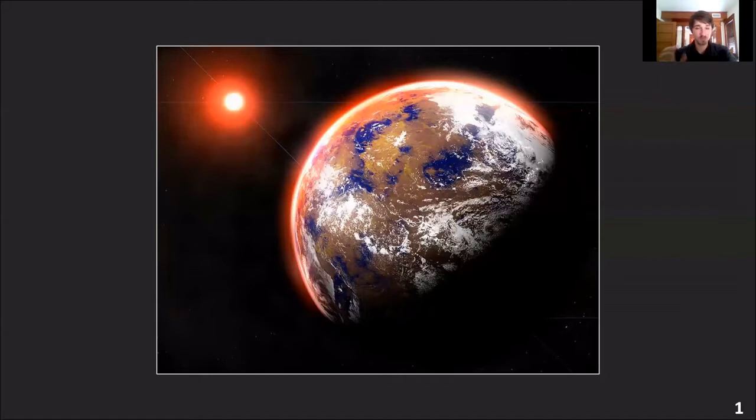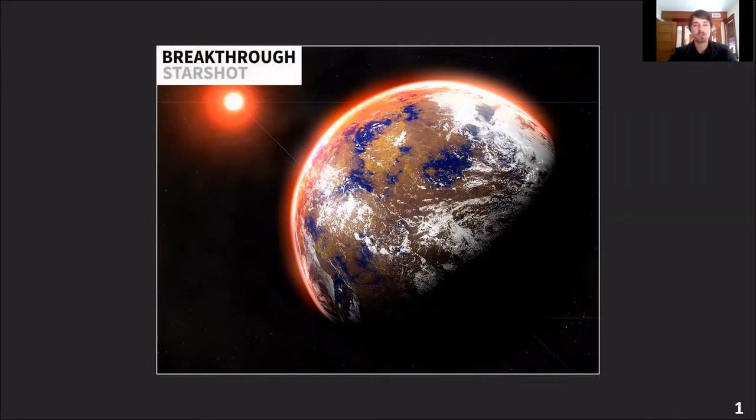What's really exciting about this planet is it's not on the other side of the galaxy. It's actually our closest celestial neighbor at a distance of only 4 light years. And although we know that this exoplanet is habitable, we don't know what the surface of it looks like. And that's what the Breakthrough Starshot Foundation aims to discover.